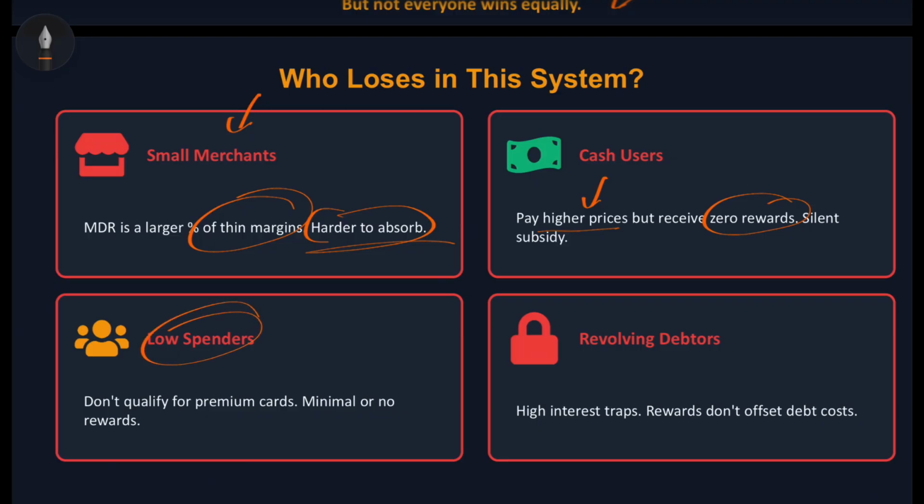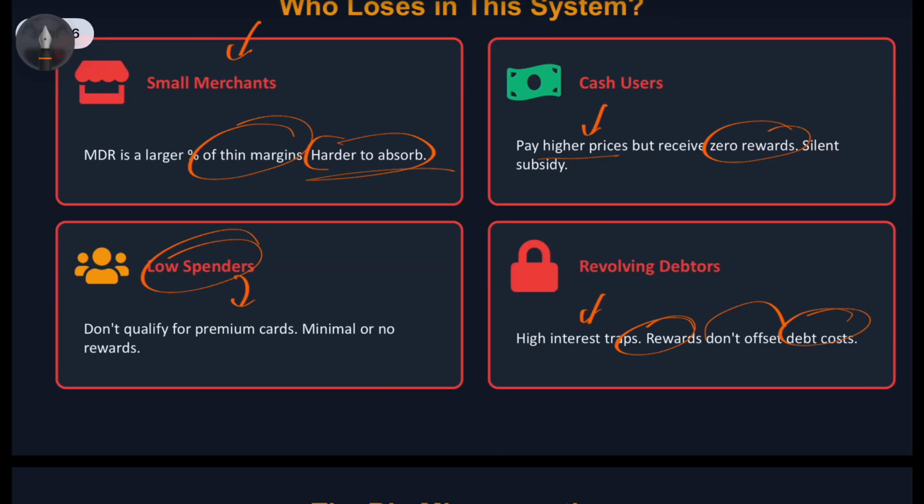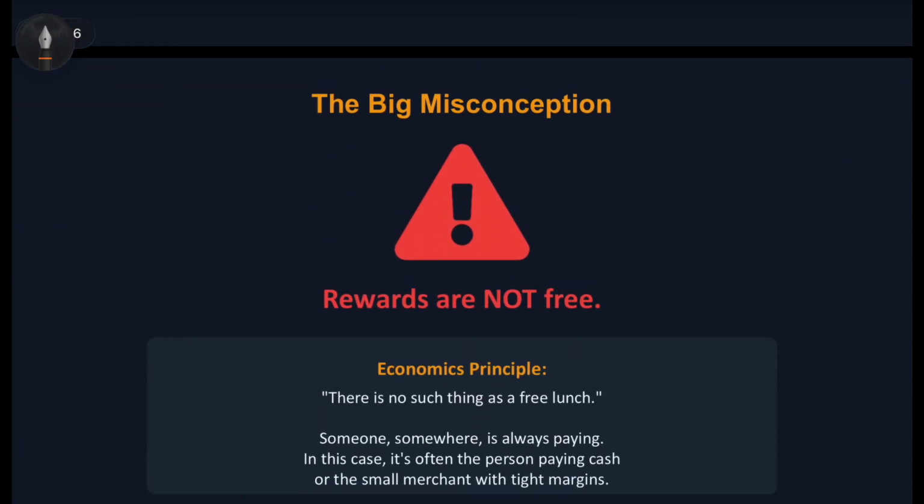Then we talk about low spenders. They are basically people who are not qualified for premium cards, and because of that they are getting zero to no rewards, right? Then we have the revolving debtors, who are not able to pay their dues, and they are getting trapped in interest rate traps, right? And basically rewards are not enough to offset their debt cost, right?